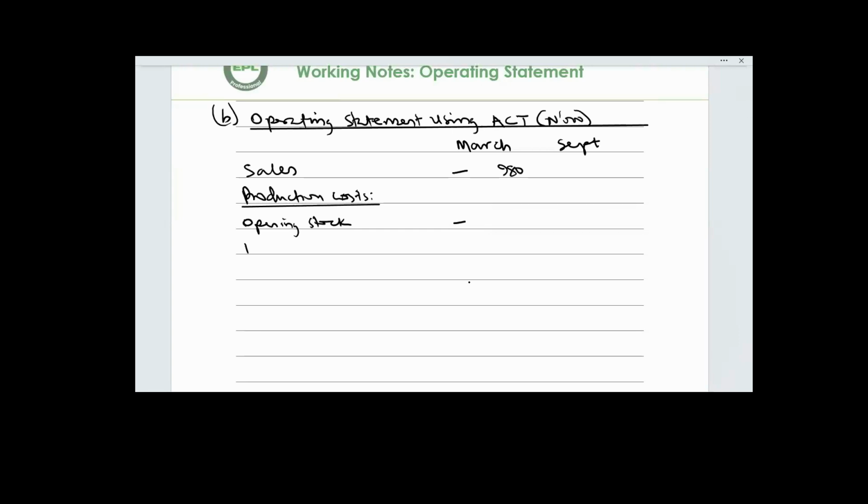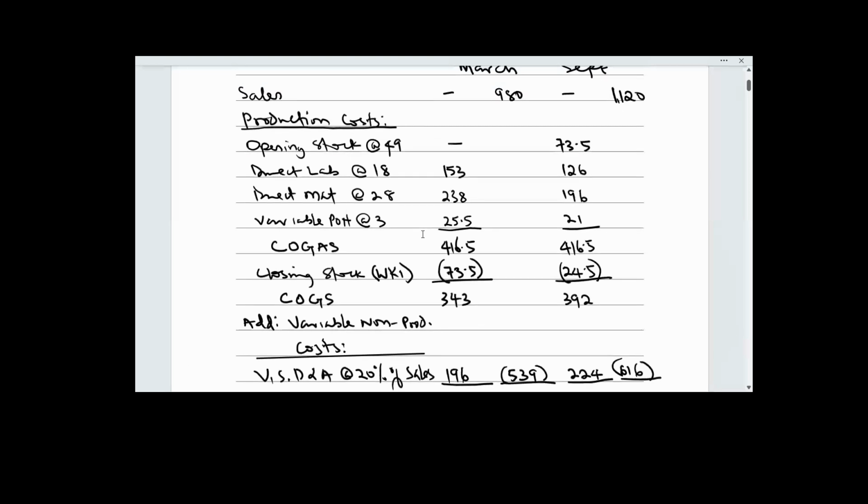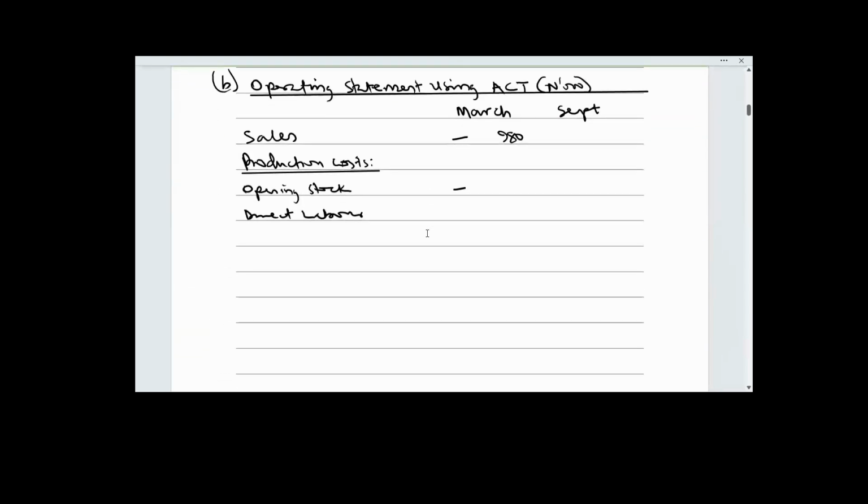Then we consider direct labor. For direct labor, the same amount you have up there is what we are going to use. It's not changing. So 153, 238.